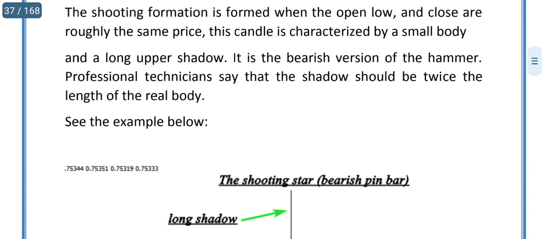This candle is characterized by a small body and a long upper shadow. It is a bearish version of the hammer candlestick. Professional technicians say that the shadow should be twice the length of the real body.